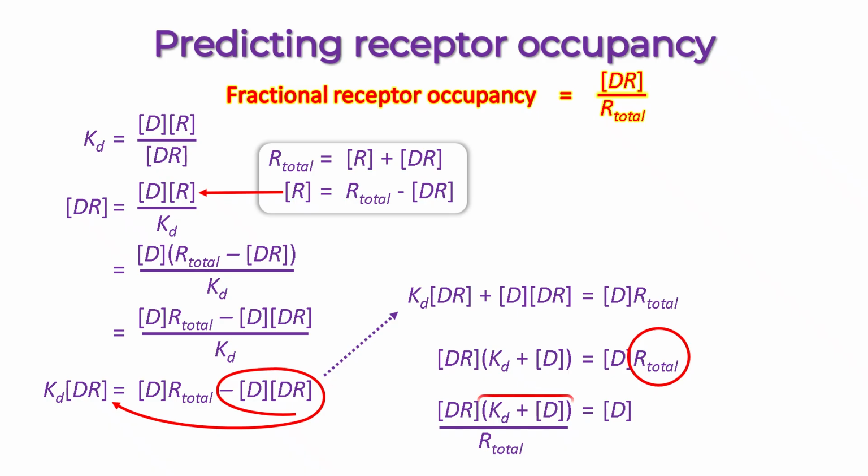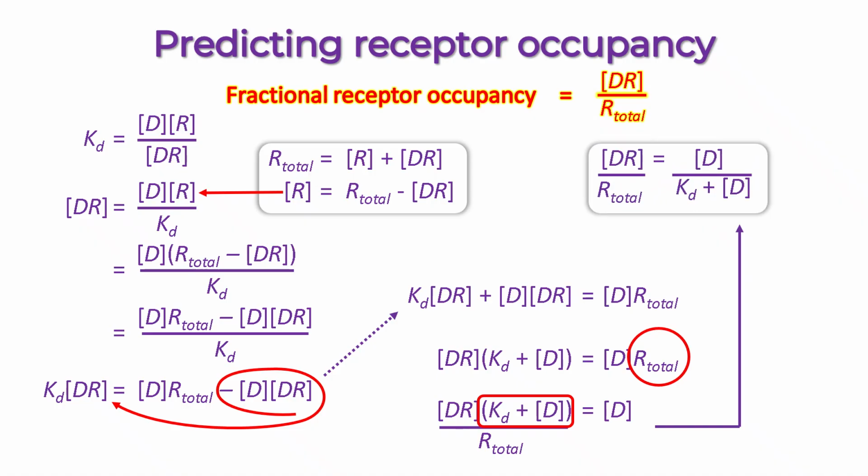Finally, dividing by the term Kd plus the drug concentration gives an equation that defines fractional receptor occupancy in terms of drug concentration and the dissociation constant. On the next slide, we'll plot fractional occupancy against drug concentration to see what this relationship predicts.